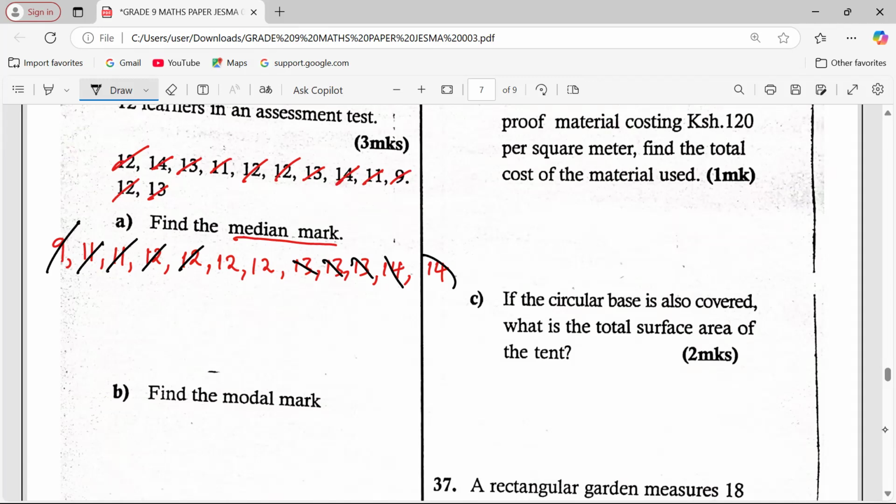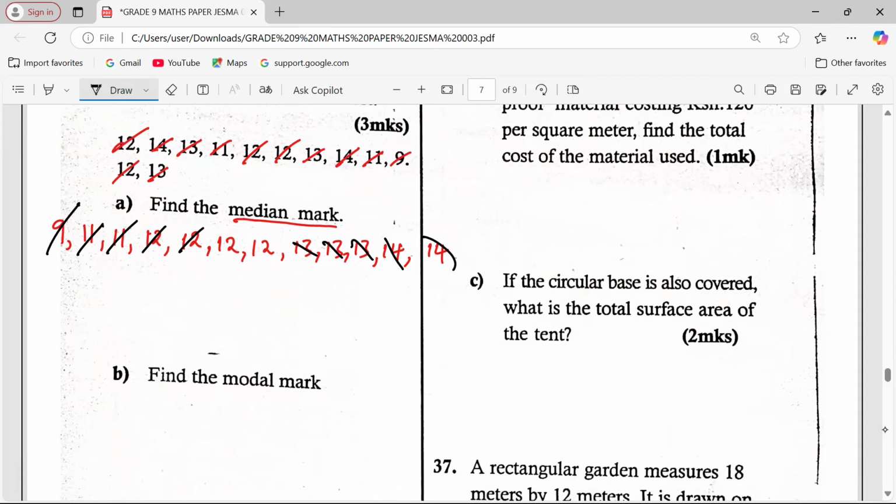Assuming that they were two different values at the middle, we would have obtained their average. So we have to take 12 plus 12 over 2, which is just 12. So I have to work out that average so that learners may not think that I'm just picking a 12.